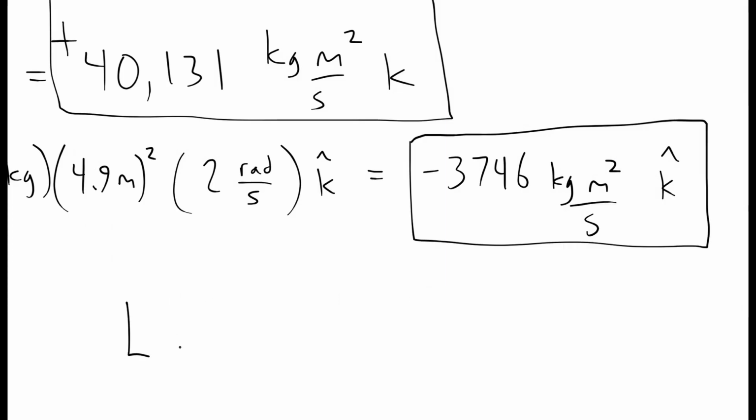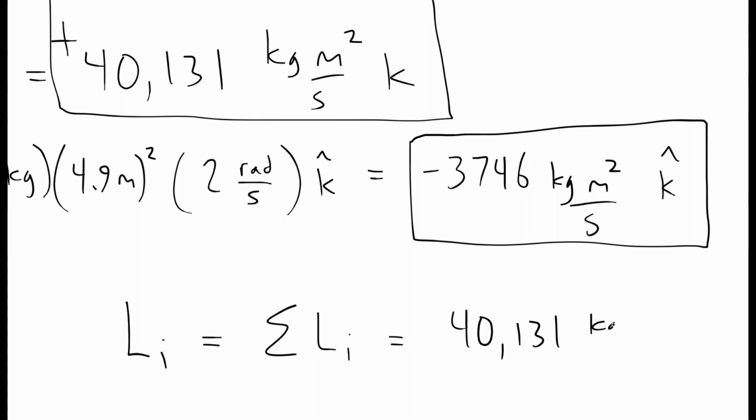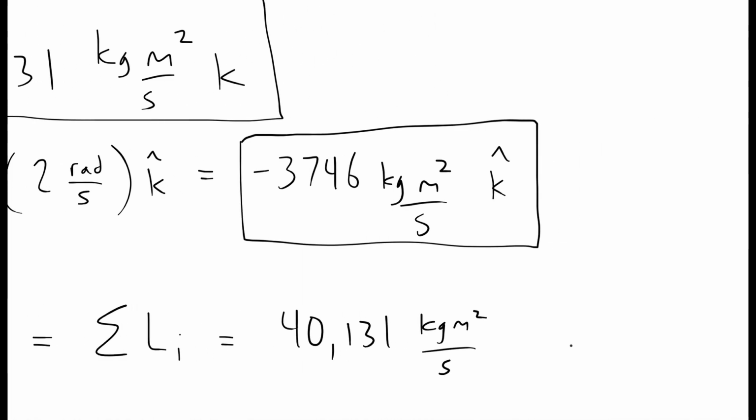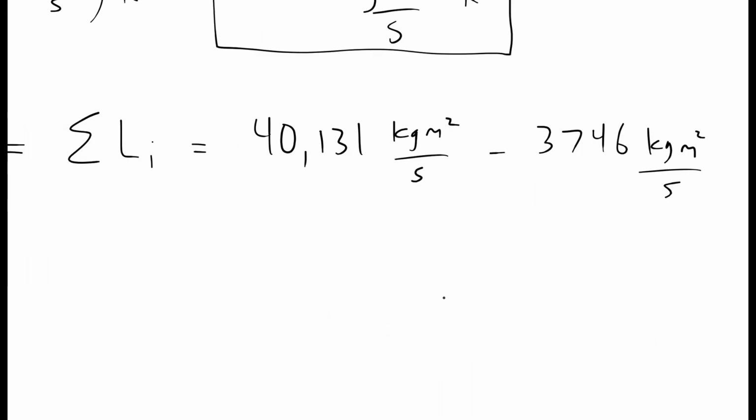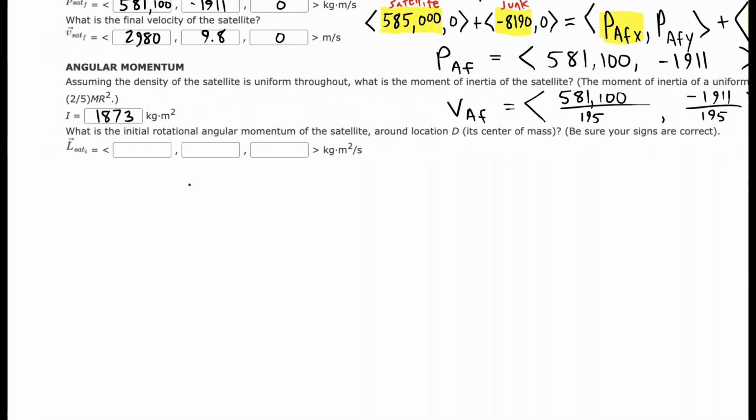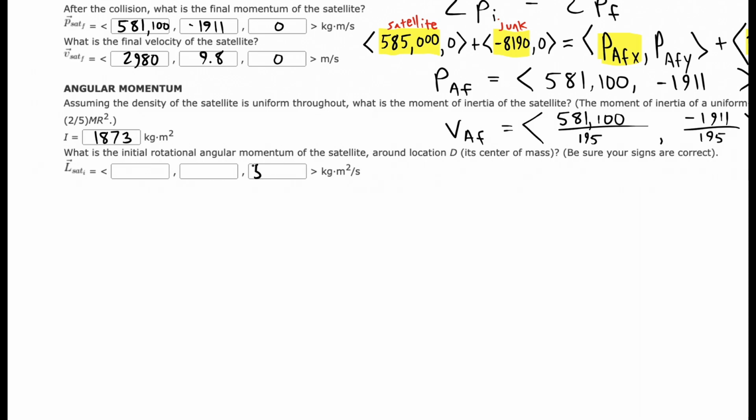So your Li is going to be a sum of these: 40,131 minus 3746. I get 36,385. So you would actually put that here.